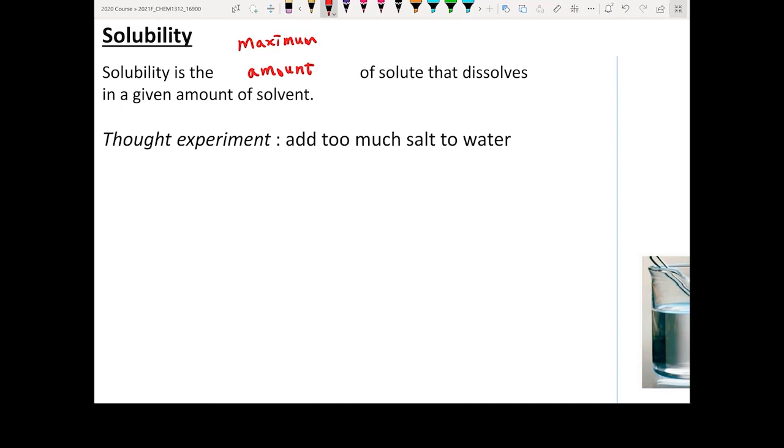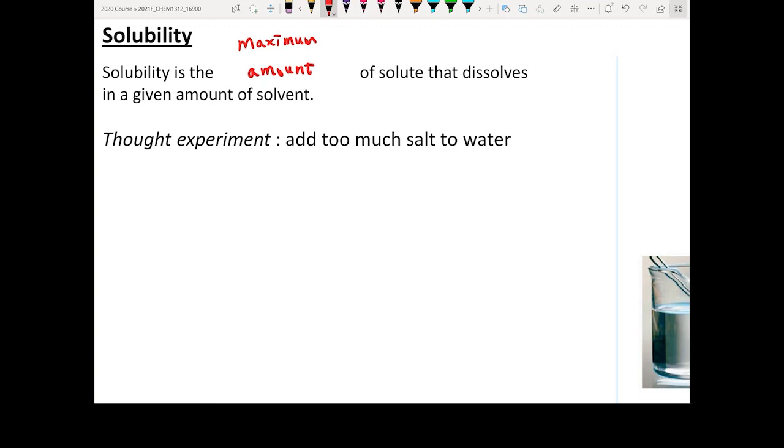I can keep throwing and keep stirring, and at some point, no matter how hard I stir the solution, I will always see some precipitation at the bottom of my beaker. Then I know I reached the maximum amount of solute I can dump into the solvent to form my solution, and that amount will be the solubility of this specific substance.